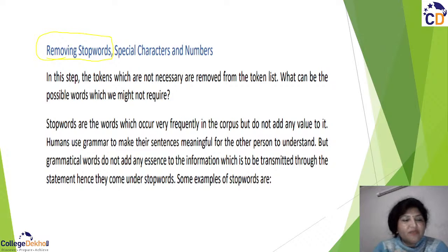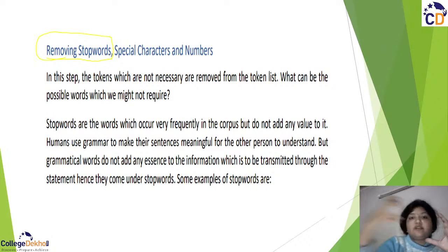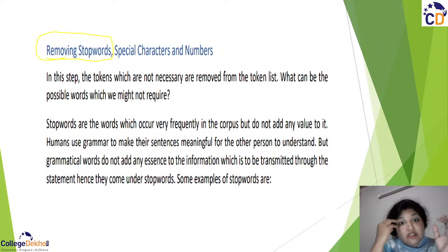Let us understand. Stop words are the words which occur very frequently in the corpus but do not add any value to it. Humans use grammar to make their sentences meaningful for the other person to understand. But we are making machines understand, get a summary out of this, or generate different answers.